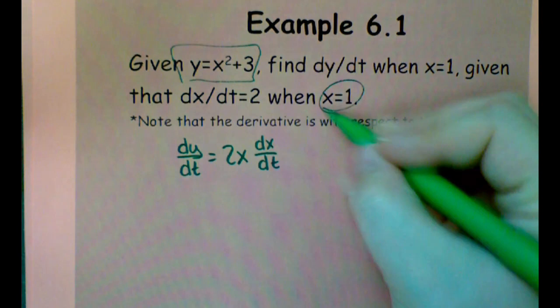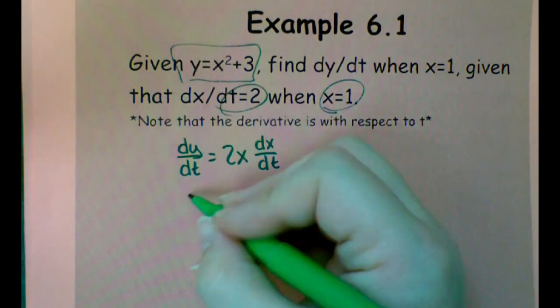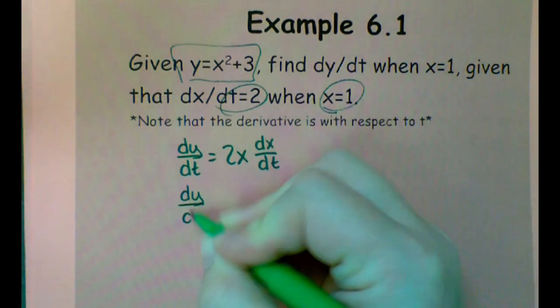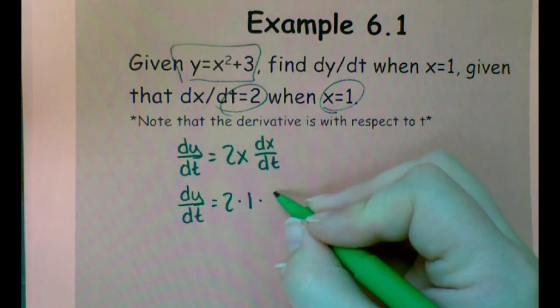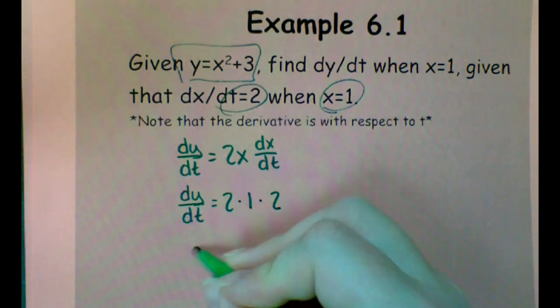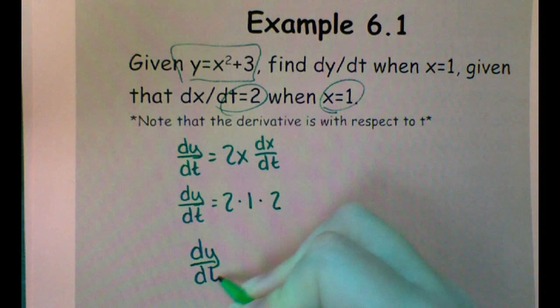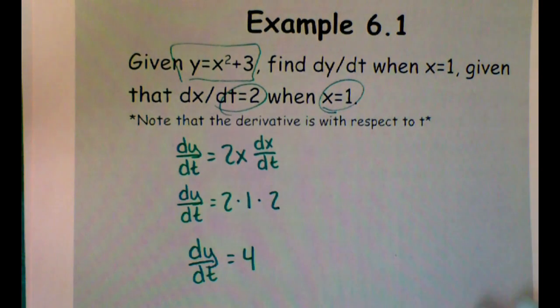So we know x is 1, we know dx/dt is 2, plug those numbers in. dy/dt equals 2 times x, which is 1, times dx/dt, which is 2. So dy/dt in this case is 4. No units given, that's our answer.